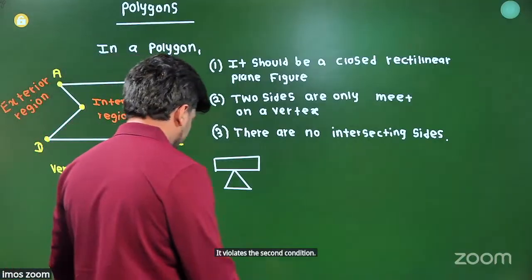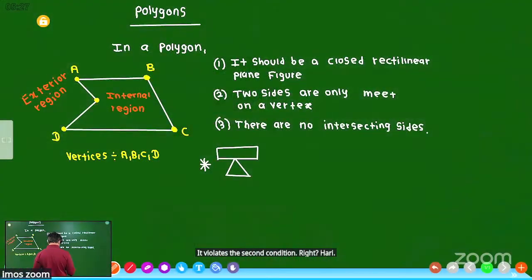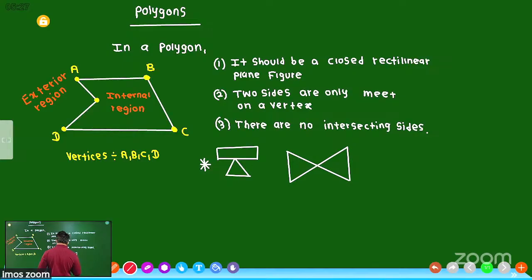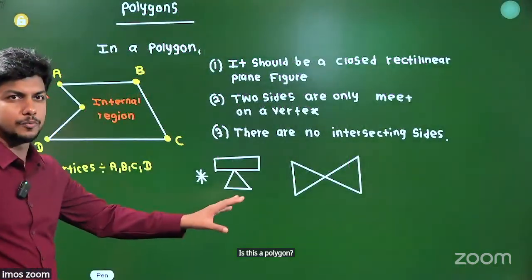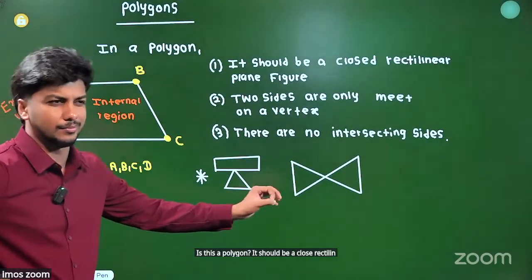Now look at this one. Is this a polygon? It should be a closed rectilinear plane figure. Okay.